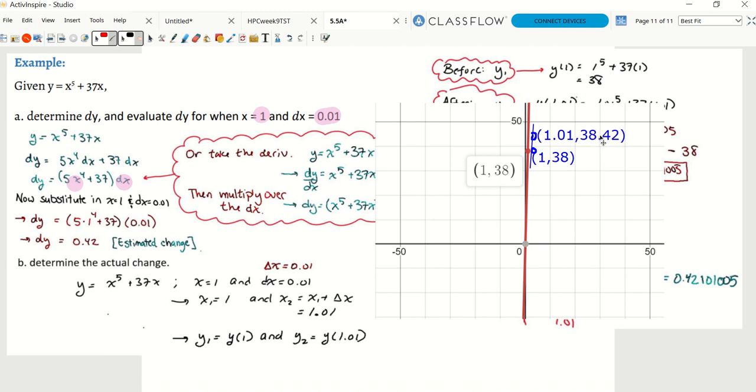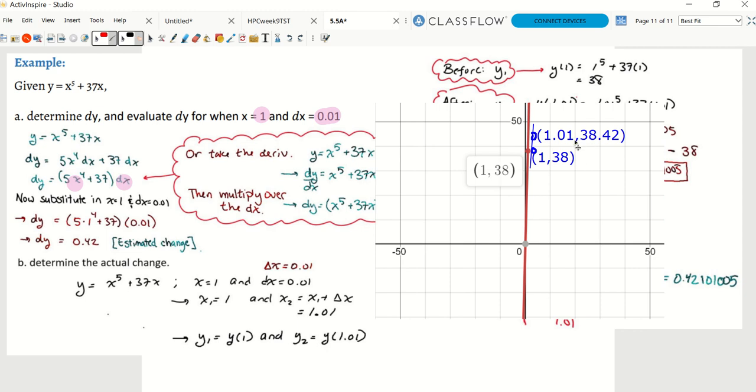So again, this blue line is supposed to look more like this. It's supposed to come really close to that red graph. But again, I'm exaggerating it. I'm tilting it so you can just see an exaggerated version for the sake of understanding the example better.